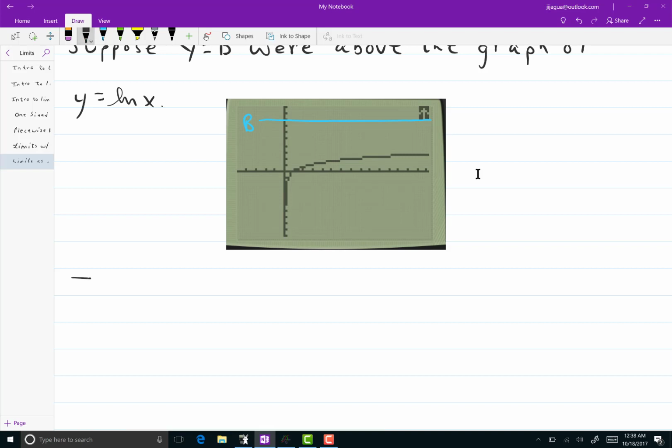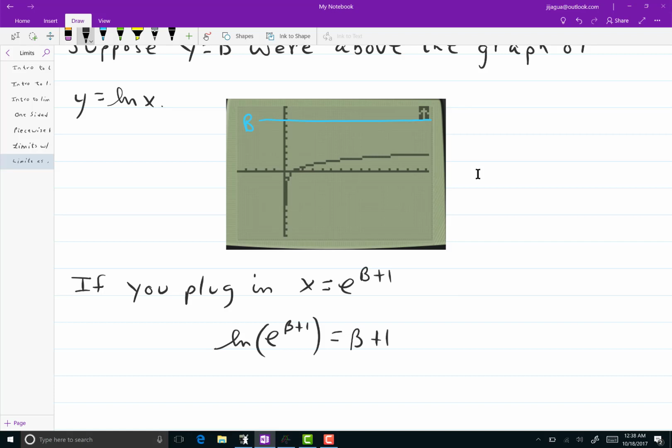Well, if I plug in x equals e to the b plus 1, the natural log of e to the b plus 1 is b plus 1, which is bigger than the imaginary line drawn for b. So in fact, this function does go to infinity, just not very fast. It's a very slow growing function.